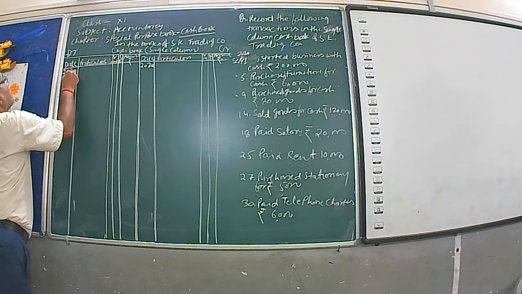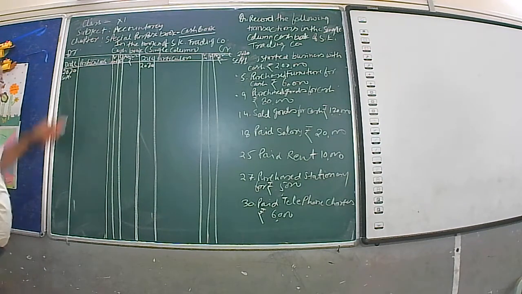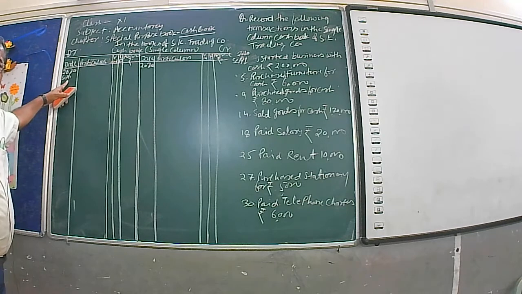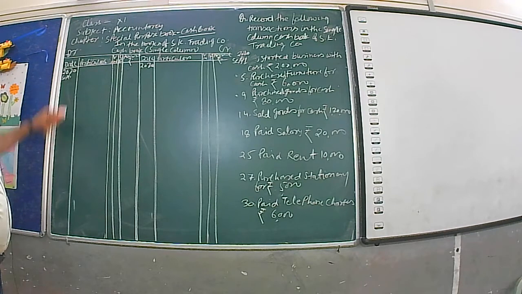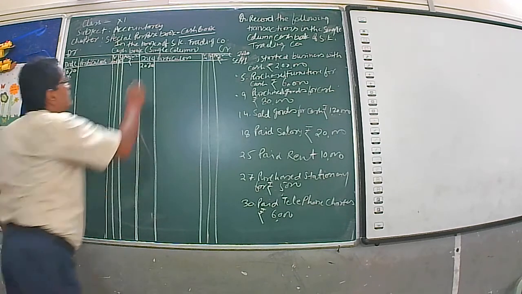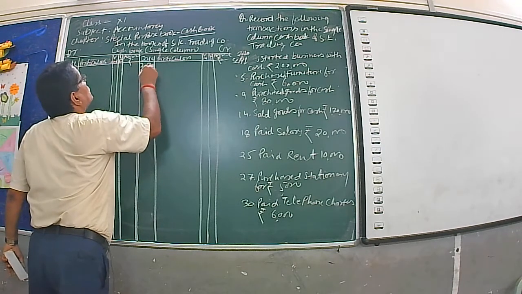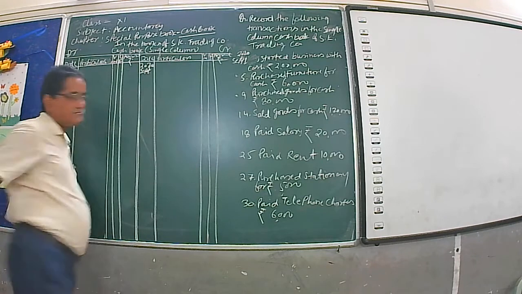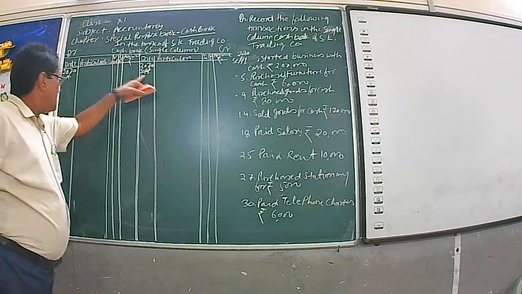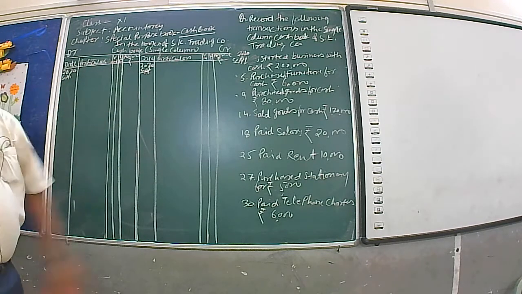I have written it in short, SEPT, but here you note the full name of the month. Once again, here you will also note September. Year and month on both sides.